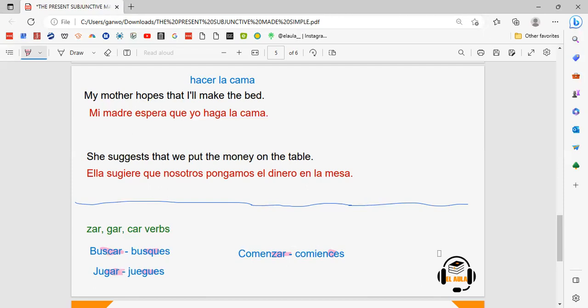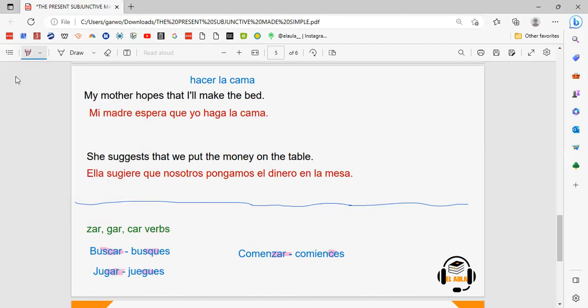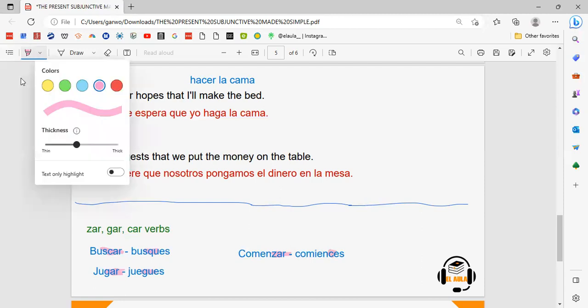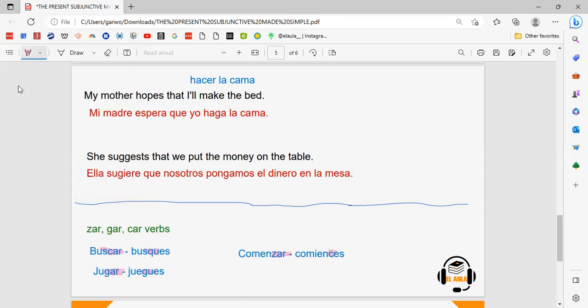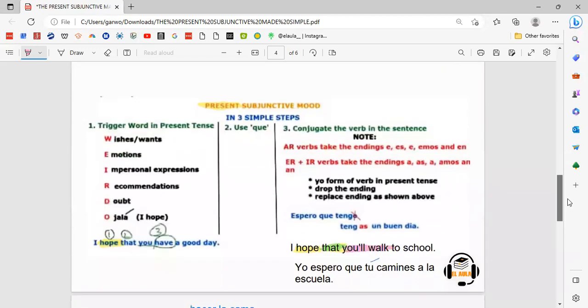So yes, that is essentially it for this tutorial. The subjunctive mood and getting it right really boils down to remembering the rules, being aware of these nuances, like with the phonetics, ZAR, GAR, CAR, and then more than anything, putting them into practice, right?